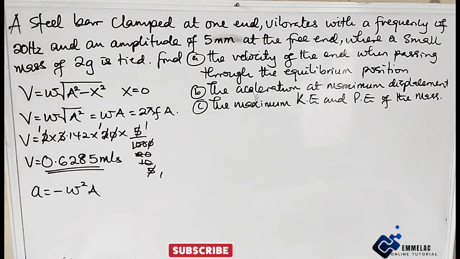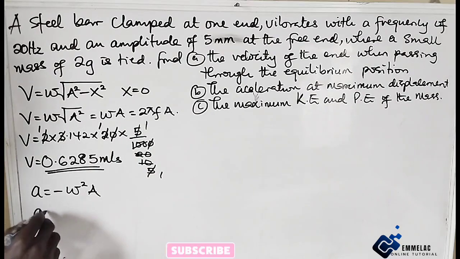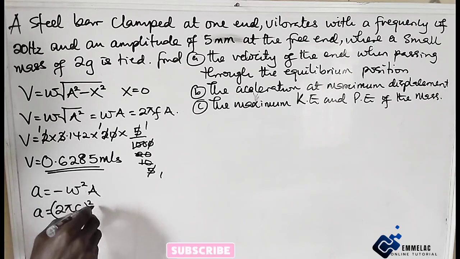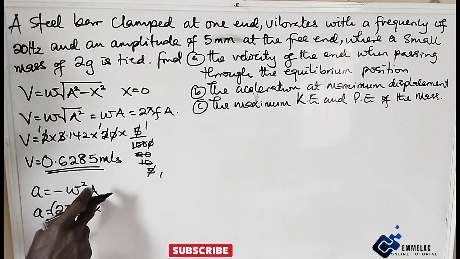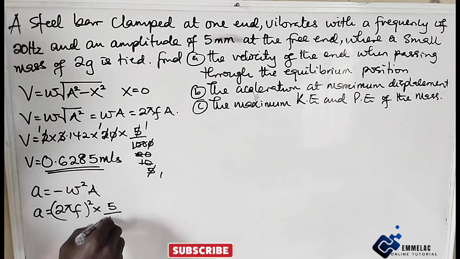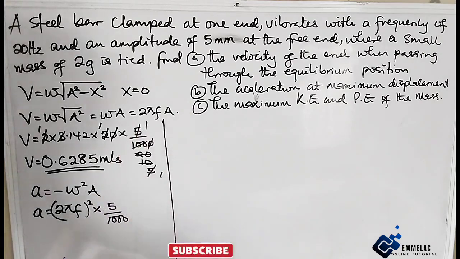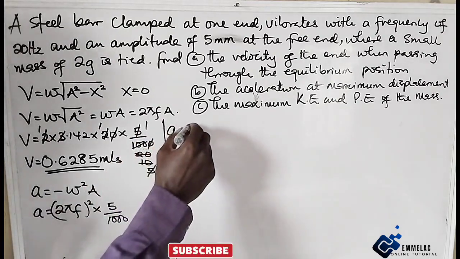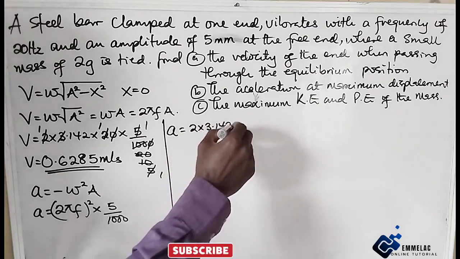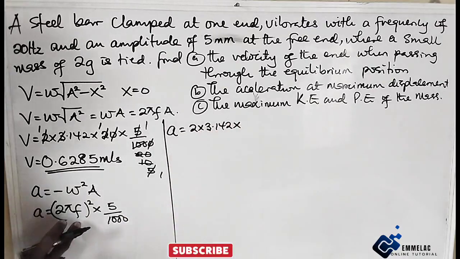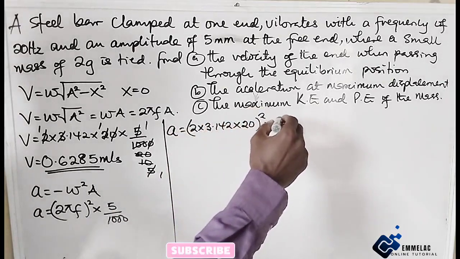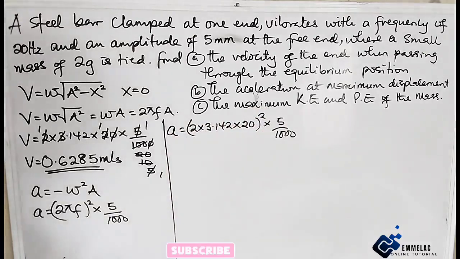So what we just need to do here now is a equals 2 pi f all squared, then times the amplitude, which is 5 divided by 1000. So here we have that a equals 2 times 3.142 times the frequency, that will be 20, all raised to the power of 2 times 5 over 1000.